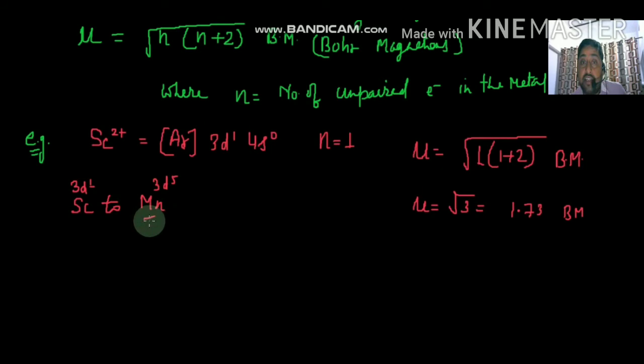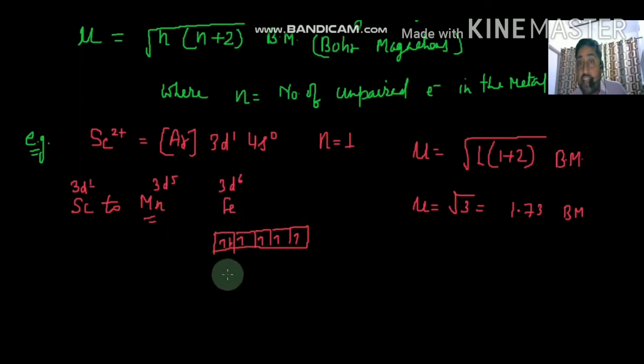At manganese it becomes maximum and thereafter it decreases. Why? Because the next is iron, that is 3d6. In 3d6 only 4 unpaired electrons are there, because after getting the maximum 3d5 in manganese, they start pairing, and as a result of this pairing the number of unpaired electrons decreases.